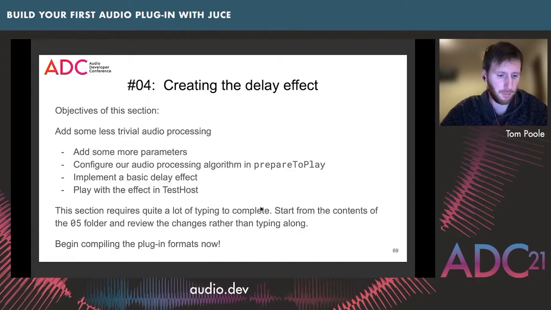So we're going to start adding a bit of complexity, and for this section and the following one, it's best to review the code changes as we go through. First off, adding a delay effect has a reasonable amount of code just to implement the delay algorithm, and this is a workshop on how to make a JUCE plugin, not how to implement a delay effect.